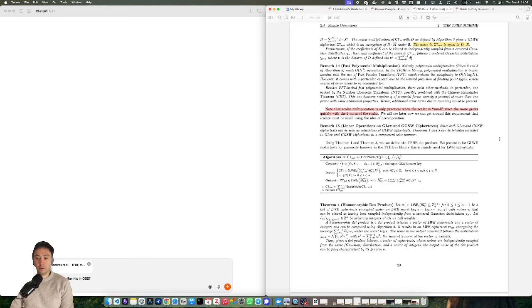Yeah, and seen as tuples, collections. So what was it? GLEV is a tuple of GLWE, and GGSW is a tuple of GLEV. I think that was the order. So this extends trivially, I guess. I believe that.